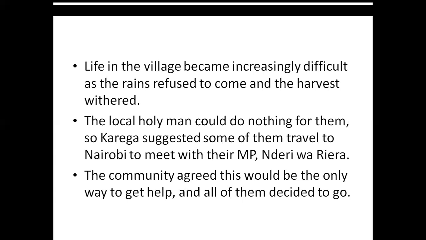Life in the village became increasingly difficult as the rains refused to come and the harvest withered. Okay, it abruptly started the harvesting season, but there was no rain, and for this reason they are not getting good food and a good harvest.